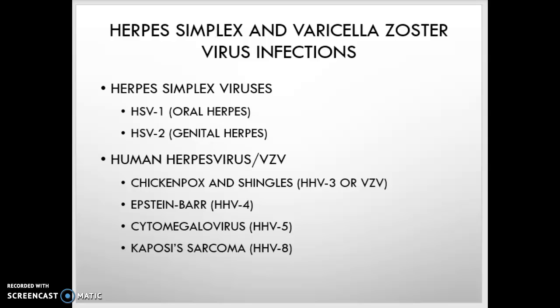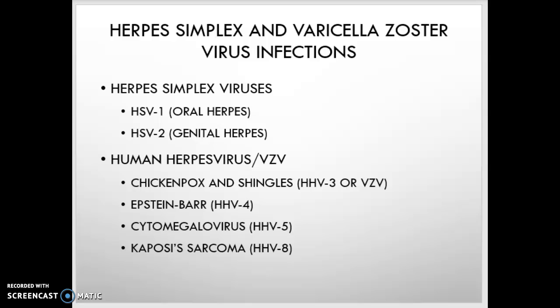Now, shingles is caused by a reactivation of the varicella zoster virus. This most often occurs decades after the chickenpox infection. These lesions will follow along nerve tracts that are called dermatomes, and they're incredibly painful.